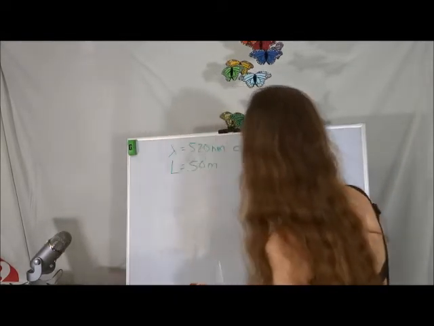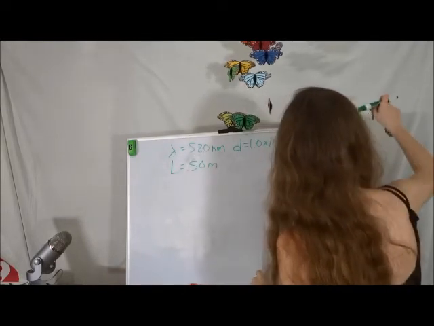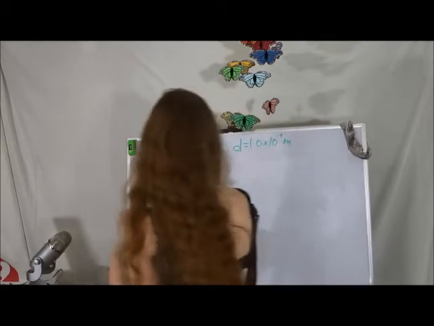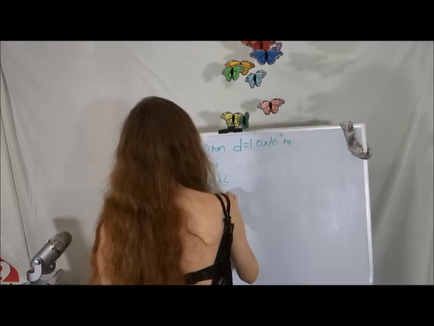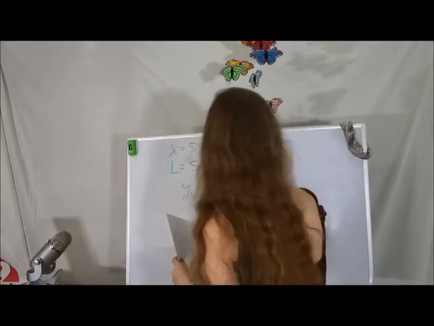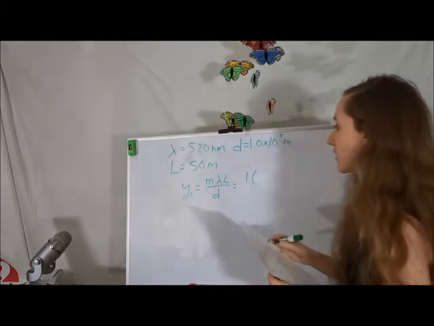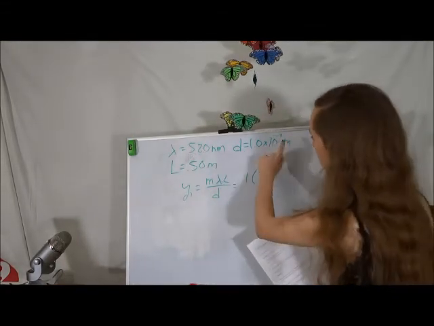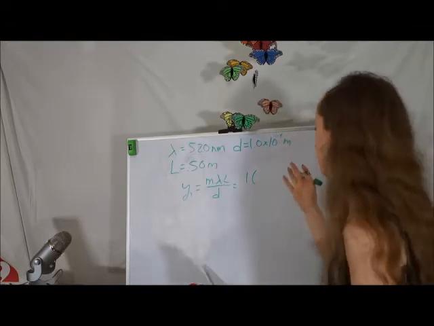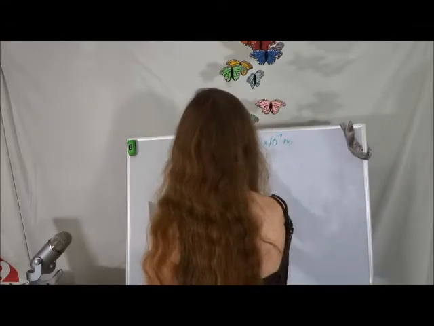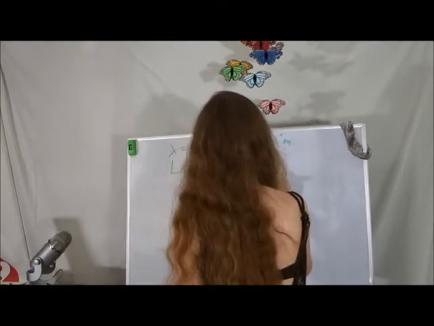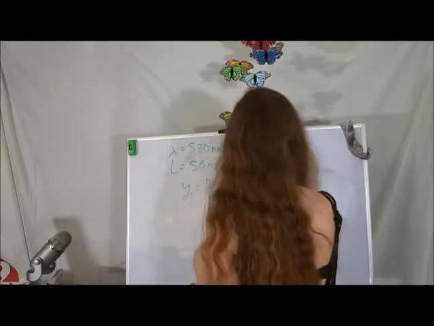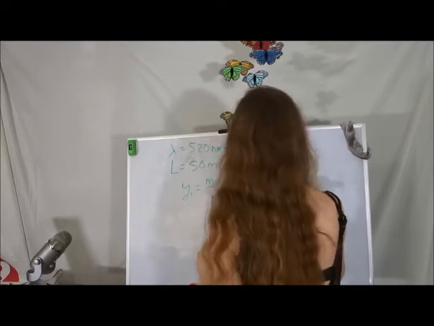So all we have to do is get out our equation that we derived earlier and plug in our values. So we're going to have y sub 1 equals m lambda L over D. Well, m is 1. Lambda, now here it matters that it's in nanometers. We need to convert to meters because we're going to have this in meters and this in meters as well. So it will be in our best interest to convert this into meters as well. So we're going to have 5.20 times 10 to the minus 7 meters.